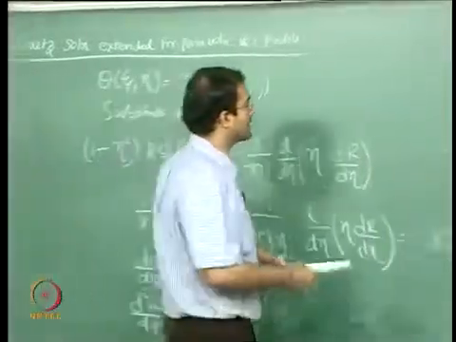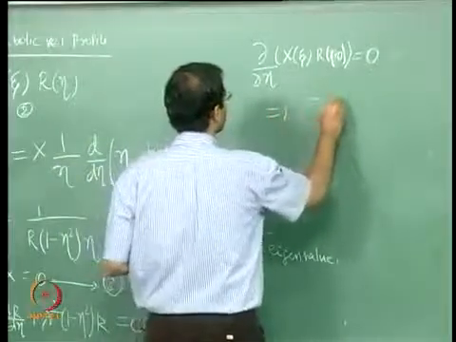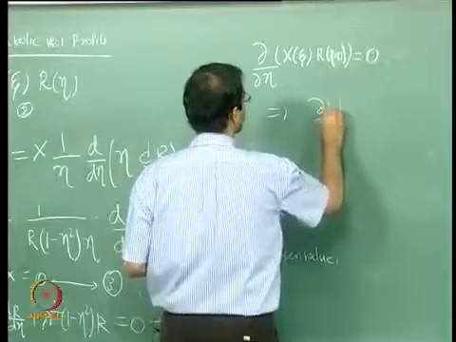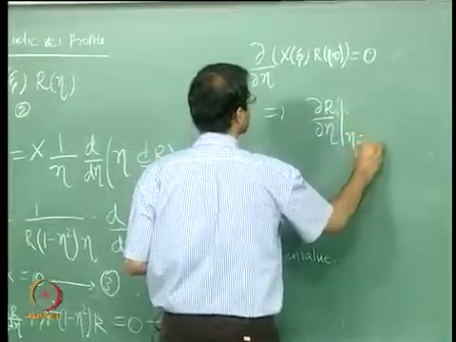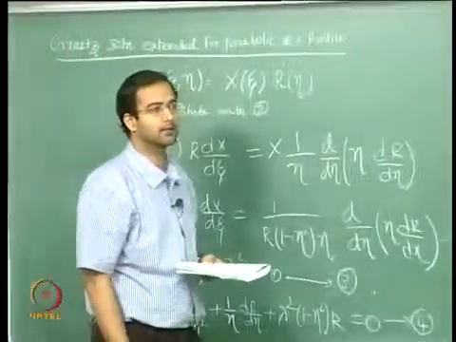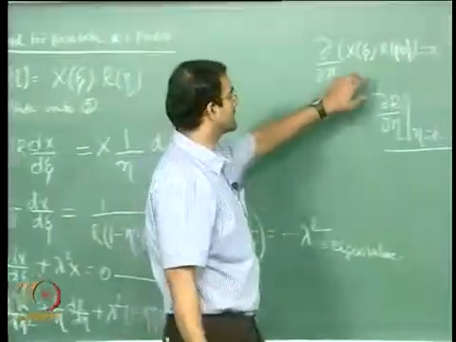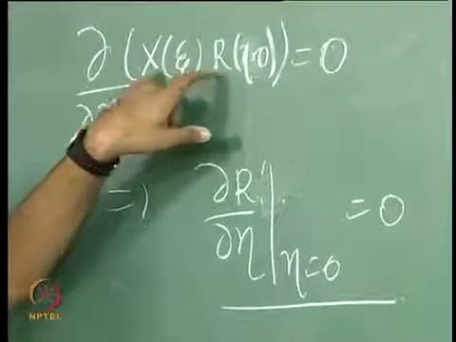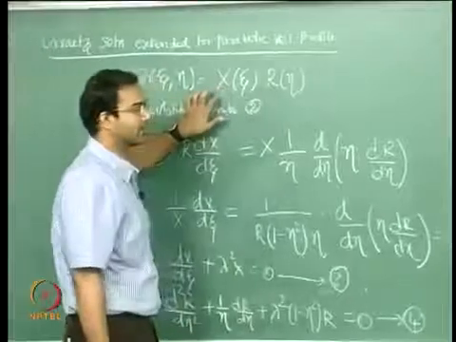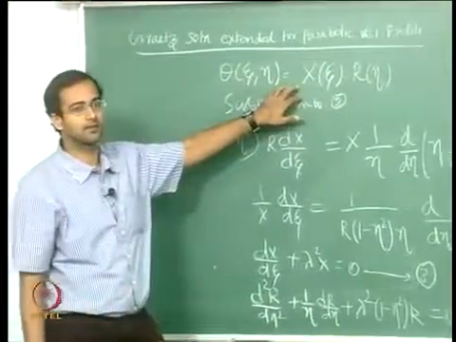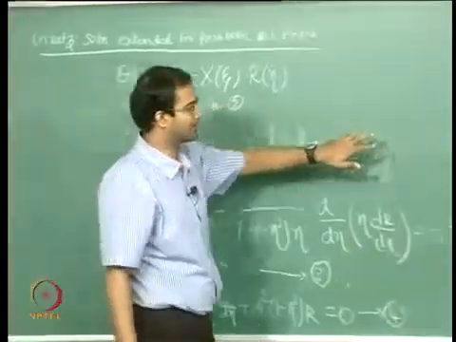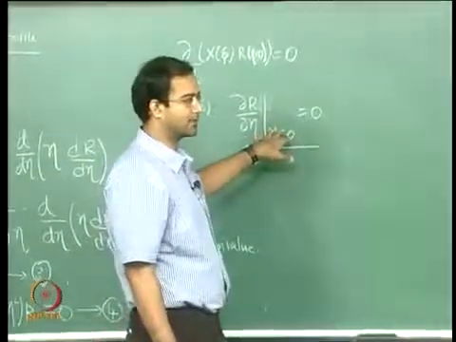Therefore this implies that d by d eta of R at eta equal to 0 can only be 0, because this can be 0 only if either of these is 0. If X is 0, that means my entire solution becomes trivial, whereas dR by d eta at eta equal to 0 can be 0, so that is the only other option. So therefore this is the boundary condition which falls on R.